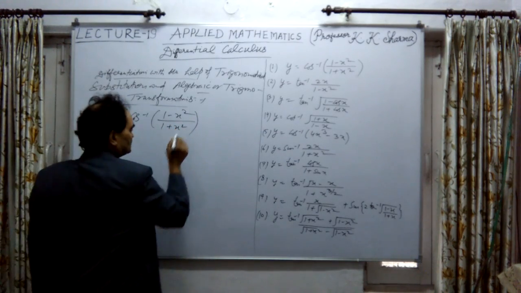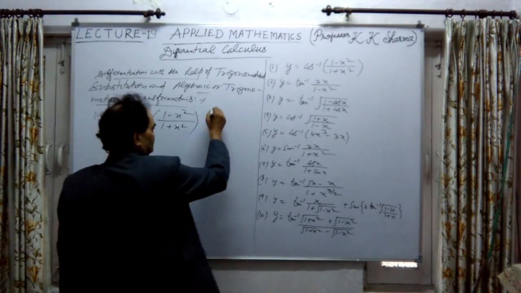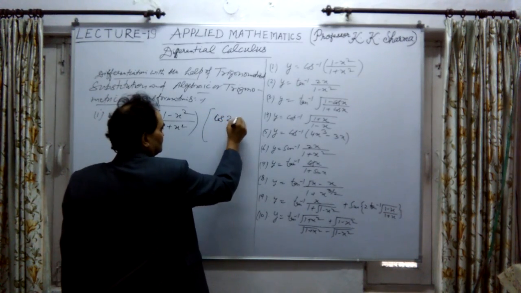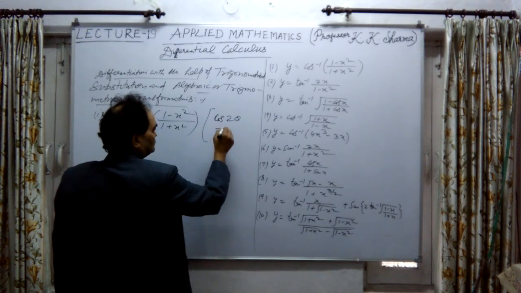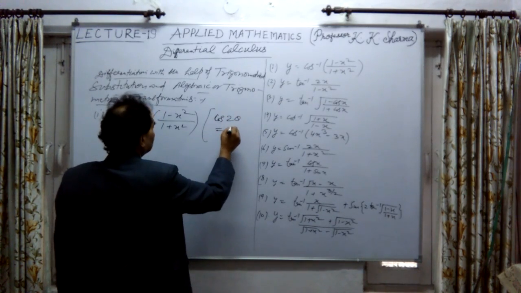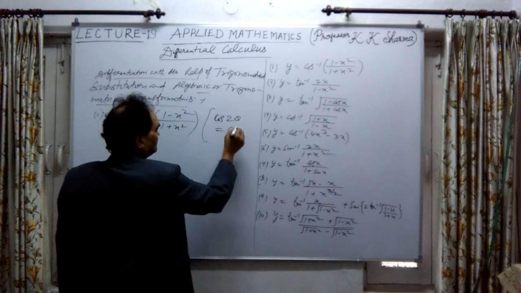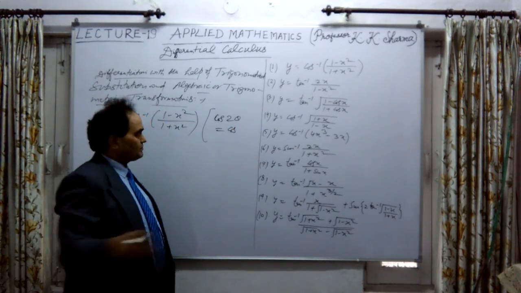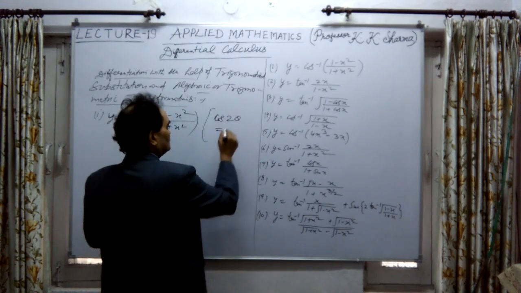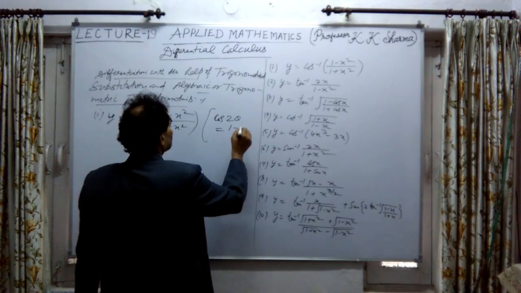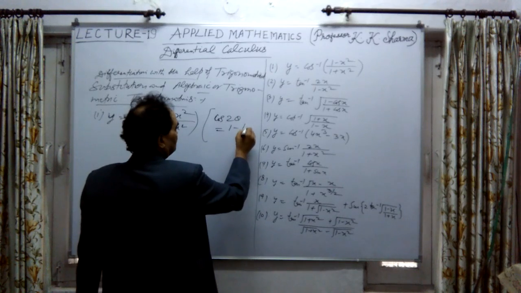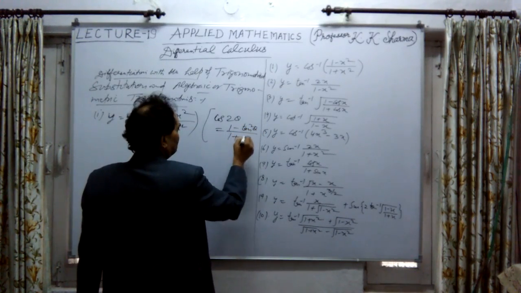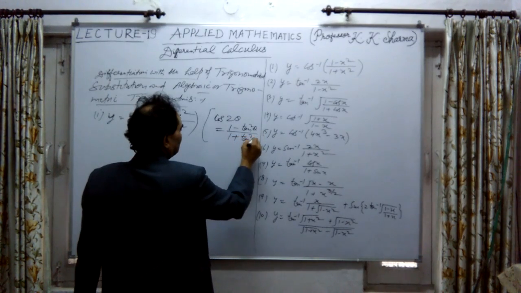We know the formula: cos 2 theta equals (1 minus tan square theta) upon (1 plus tan square theta).